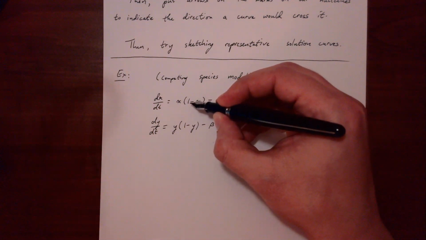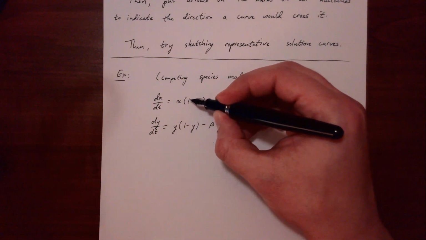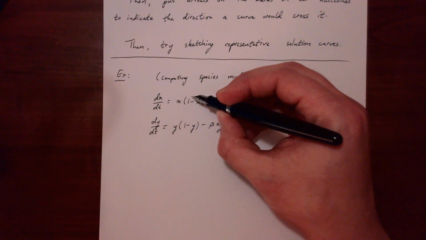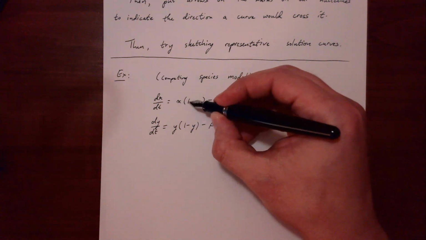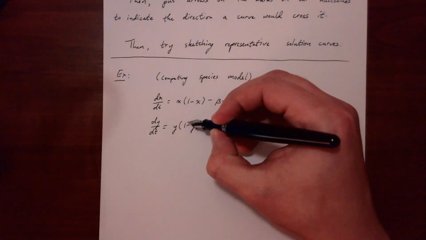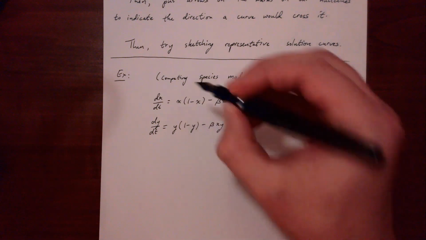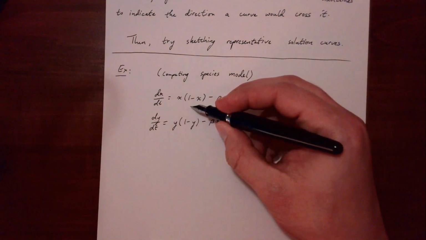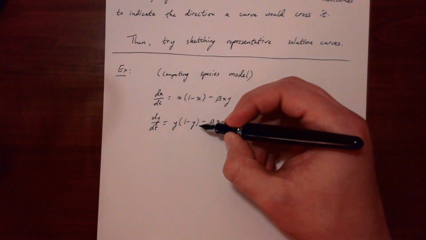So let's say 1,000 individuals, 1 million individuals, something like that. In other words, it's basically scaled according to its carrying capacity. And the same thing down here. If there were no individuals of species Y, X would just be a logistic population, and likewise for Y.